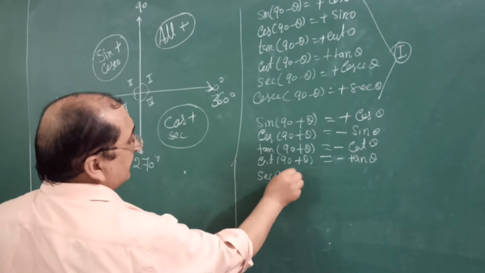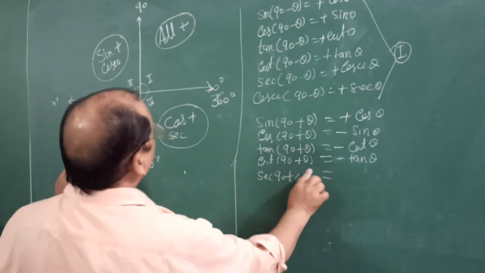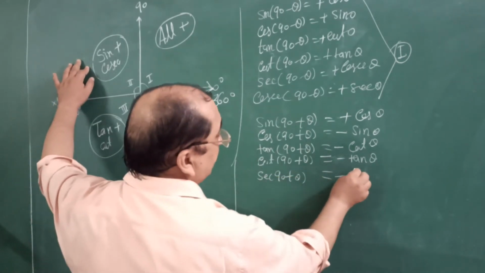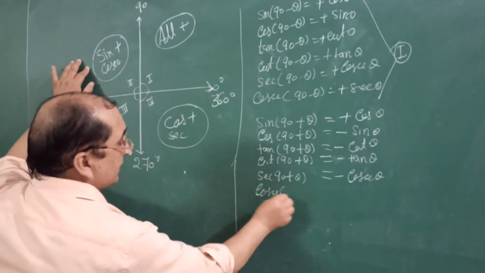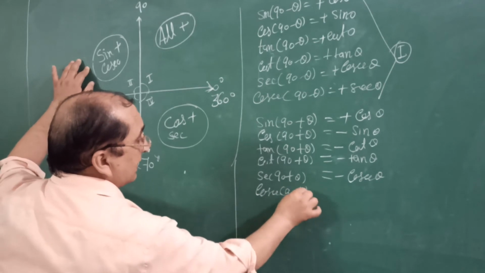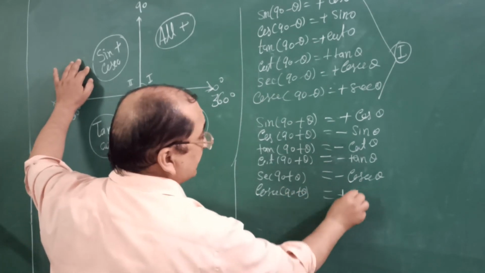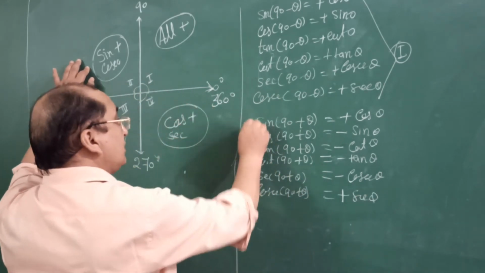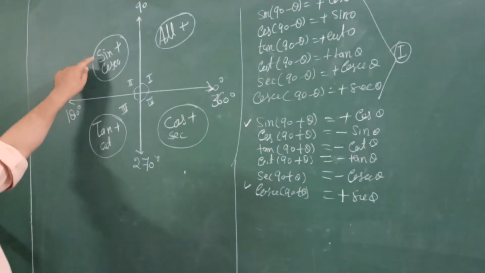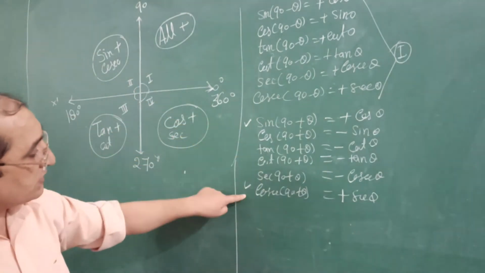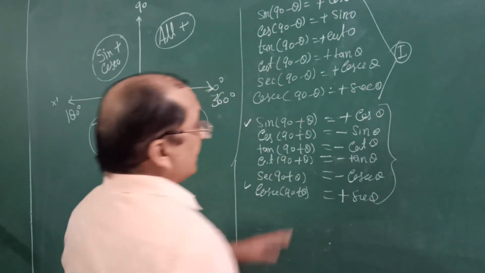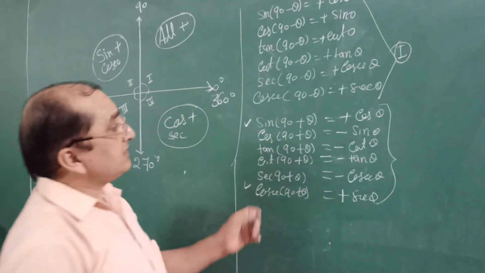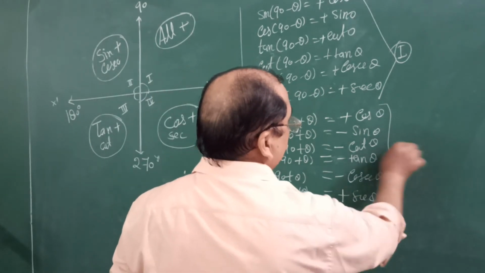Sec 90 plus theta means the value of sec in the second quadrant is negative, so minus cosec theta, and last, cosec 90 plus theta will come plus sec theta. I already told you that in the second quadrant sine and cosec will come positive, and the rest of them are negative.